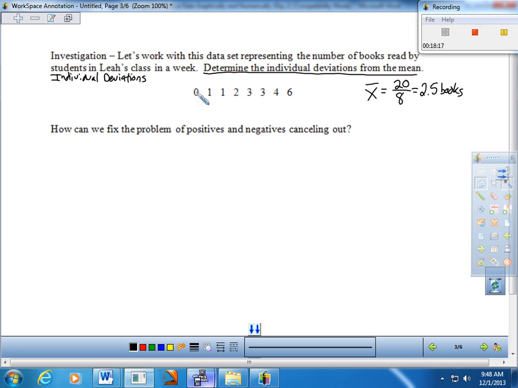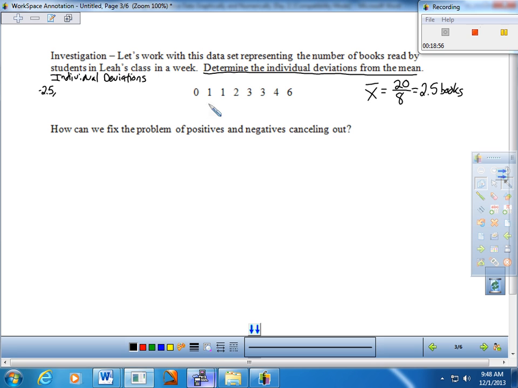So let's start with this 0, and by the way, the mean was 2.5. So 0 is how many units away from the mean of 2.5? Well, because it's below, we're going to use a negative. So I hope you would agree 0 is 2.5 books away from the mean, but because it's below, we would say the deviation is negative 2.5. So throw in a negative 2.5 for me. Put a little comma.